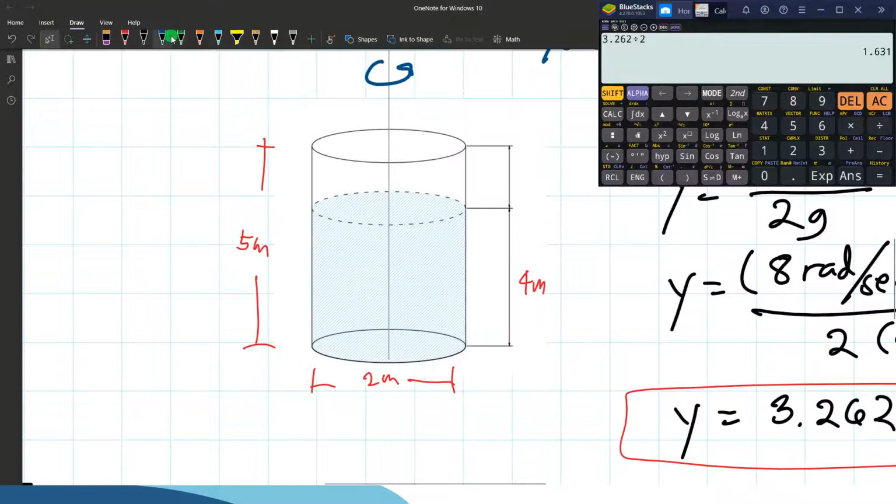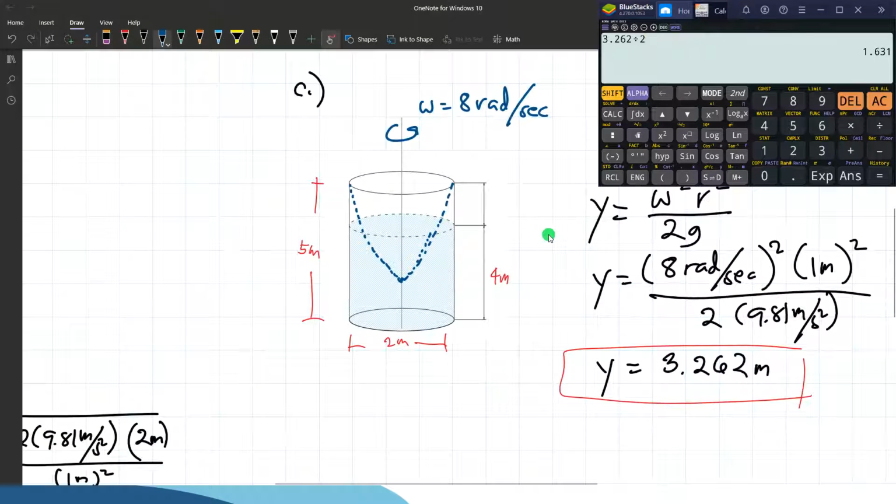Let's say that 3.262 is right here. Then we draw the paraboloid. So this will be your liquid surface, which has a depth of y equals 3.262 meters.